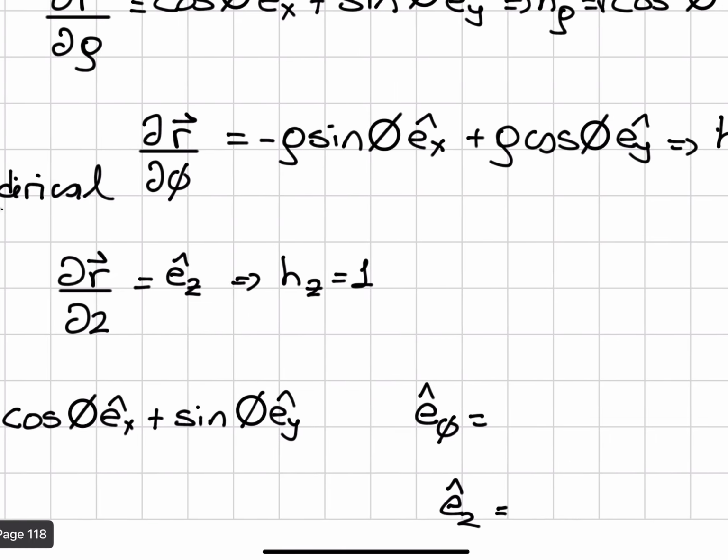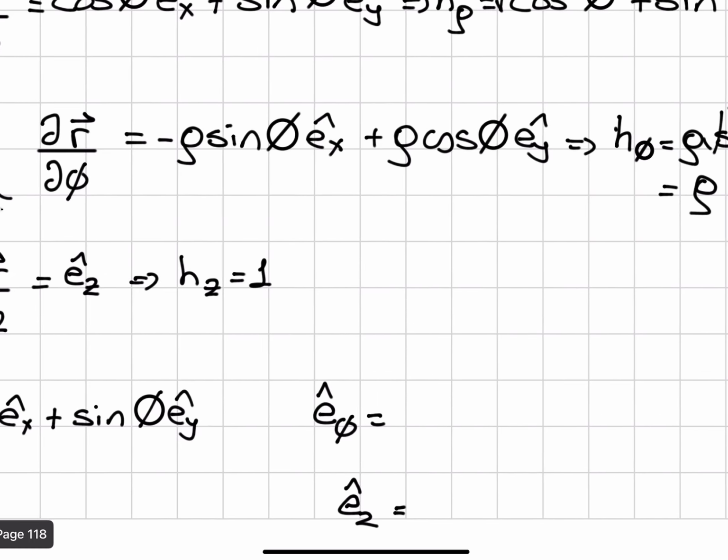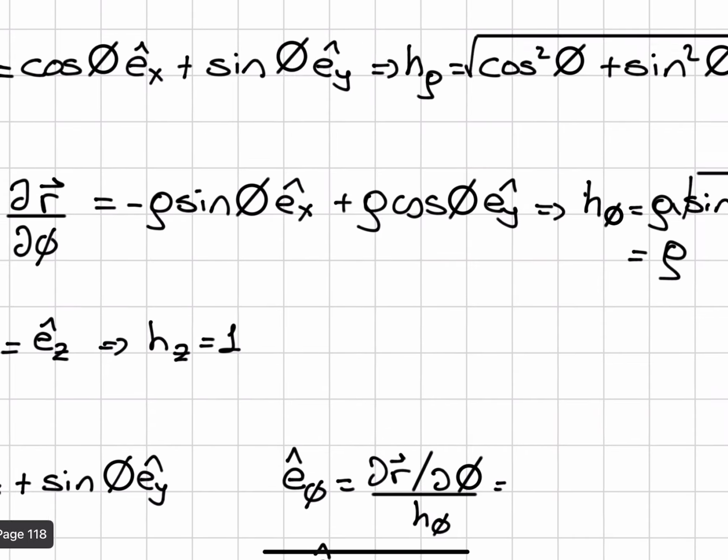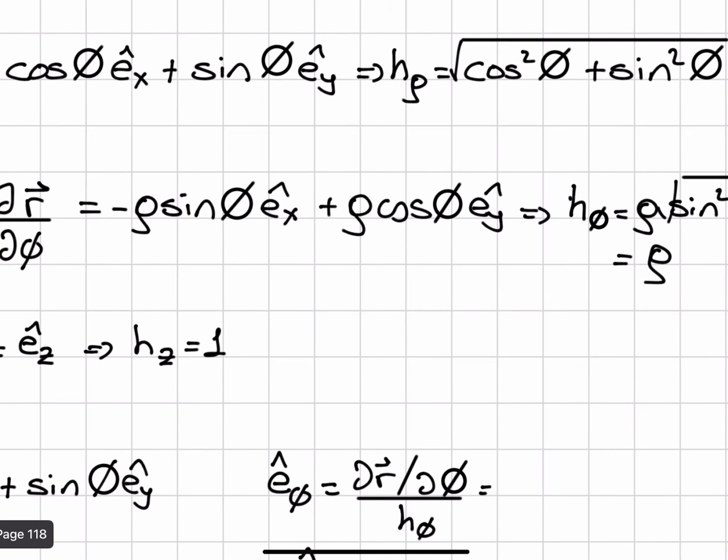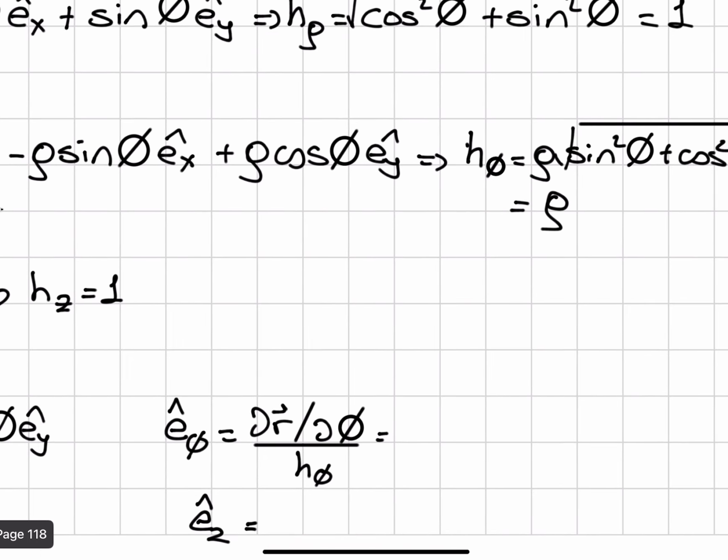And now for e phi hat, I have to take a derivative of the position vector with respect to phi and divide it by the scale factor h phi. That will give me minus sine phi ex hat plus cosine phi ey hat, because it's divided by rho, the magnitude.